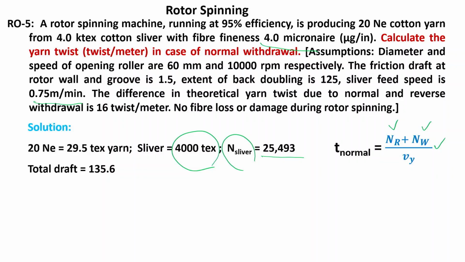So, here total draft is 135.6 and yarn delivery speed is, the back doubling is given here, okay, and between groove and here we can calculate. So, total draft is 135.6.